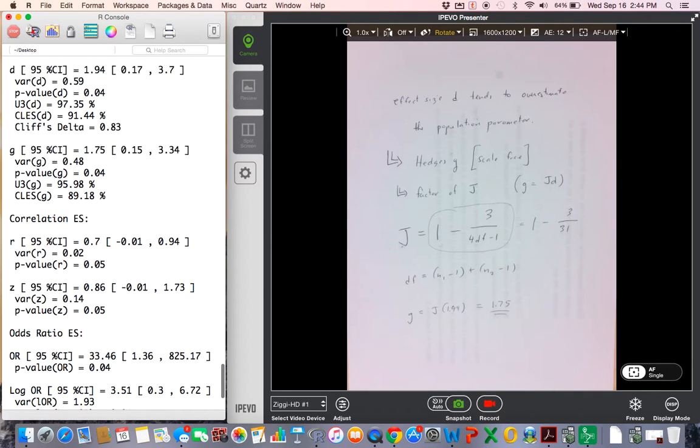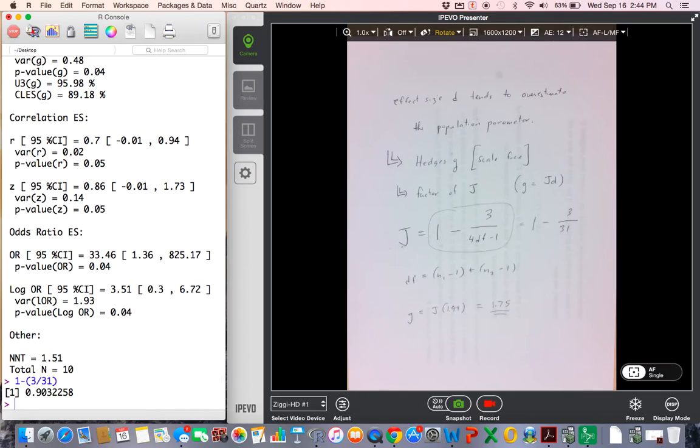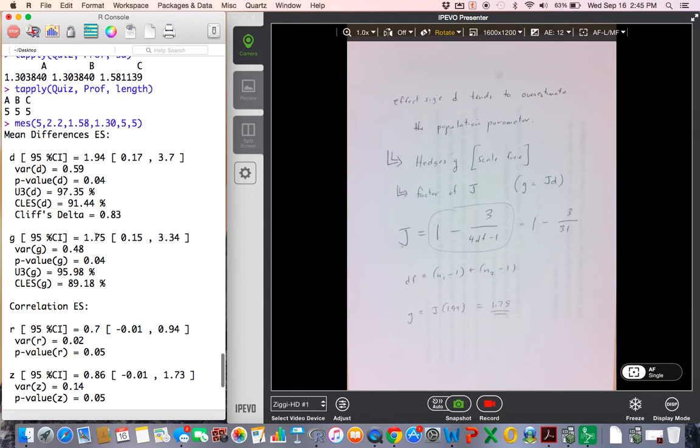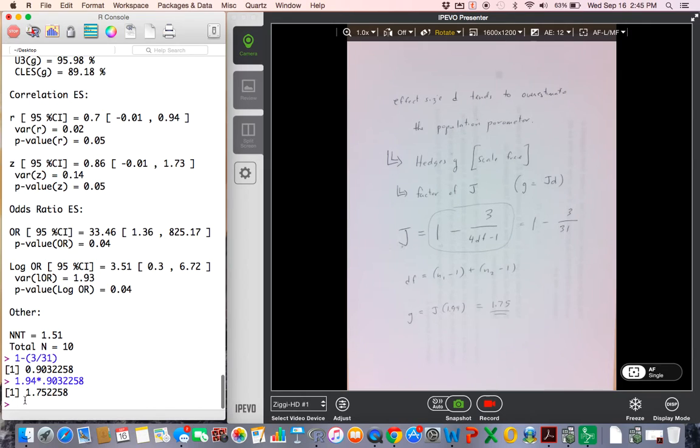So guys, when we take Cohen's D of 1.94 times this factor, 0.9032258, we're going to get the 1.75 that we see up here from the output. And this is just the 95% confidence interval that we get. So, guys, our effect size for that particular pairwise comparison turns out to be 1.75.